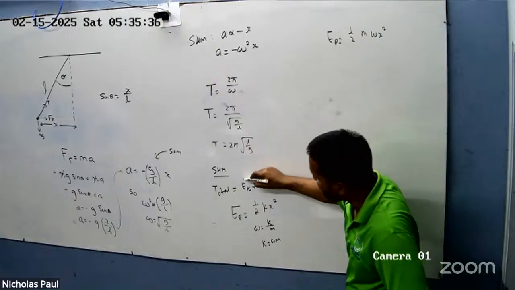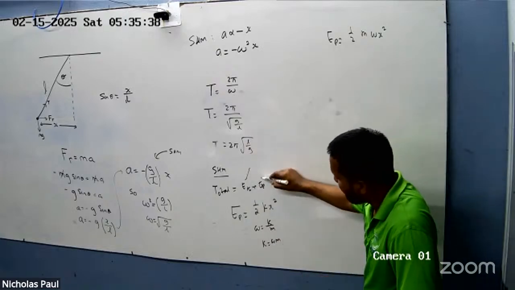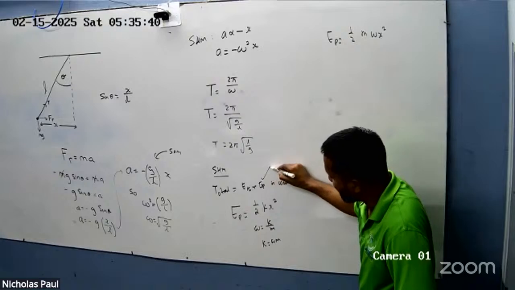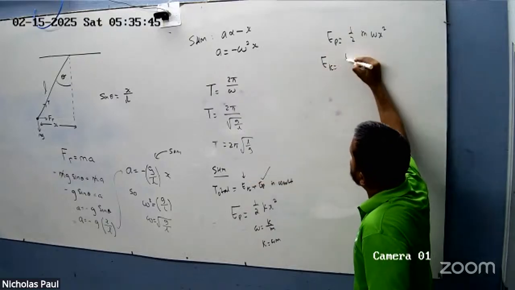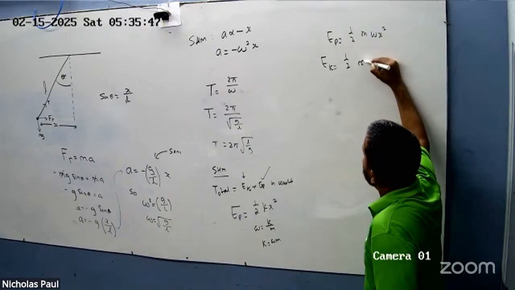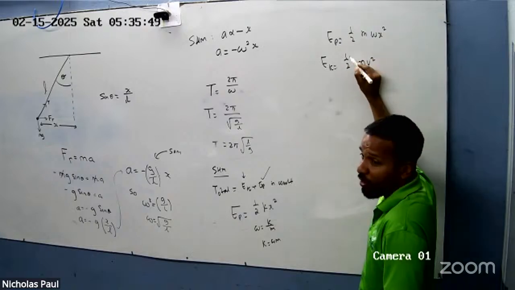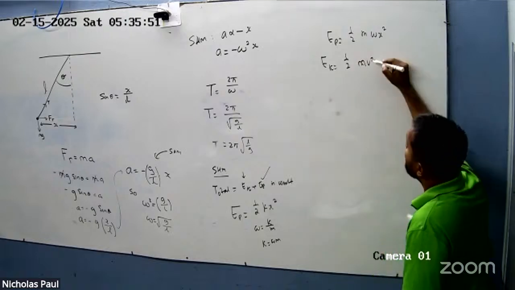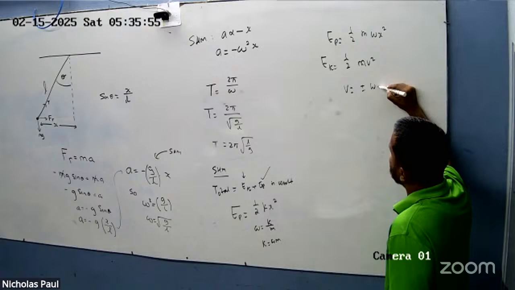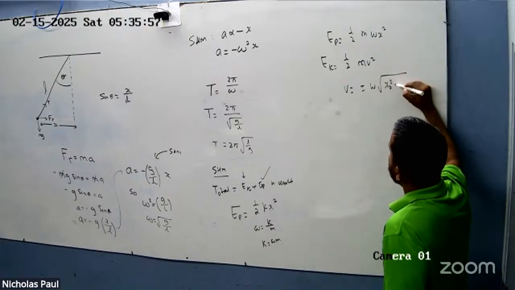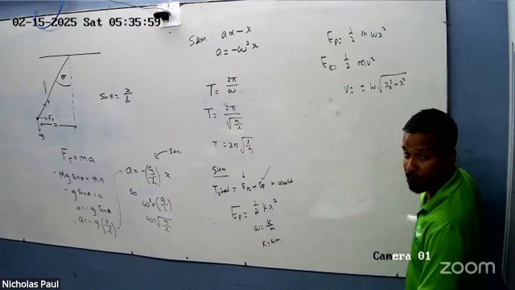We found potential energy. Let's find kinetic energy now. Kinetic energy is equal to half m v squared, and there was an error before: it should have been a half. We know that v is plus or minus omega times the square root of x naught squared minus x squared.